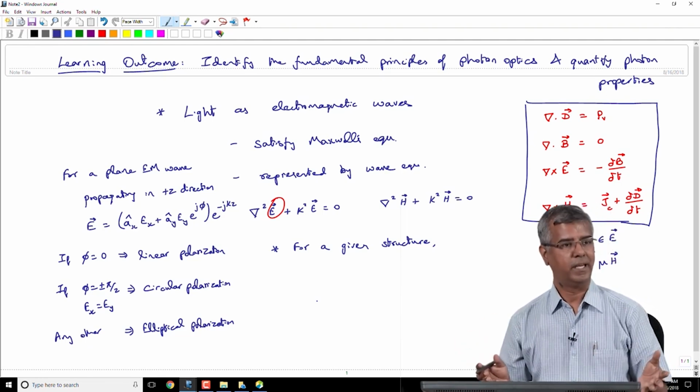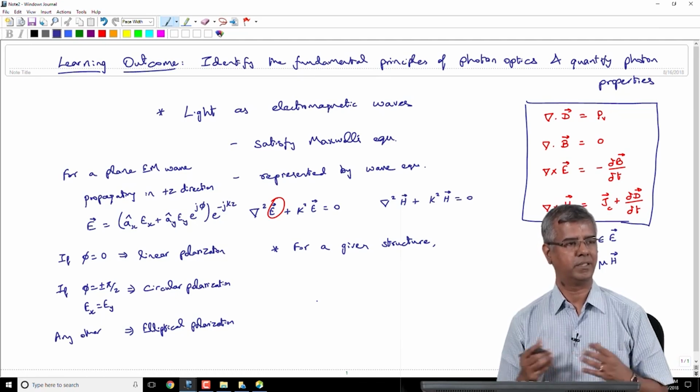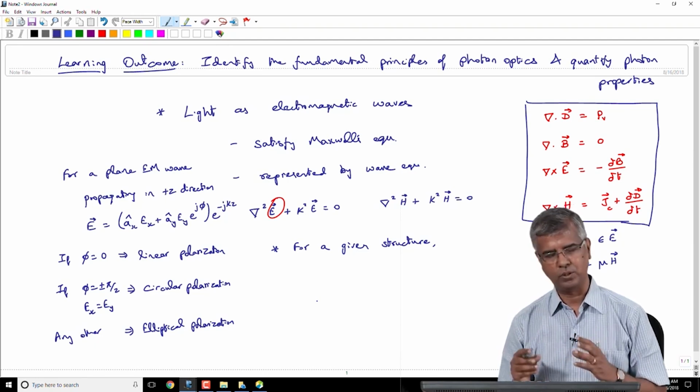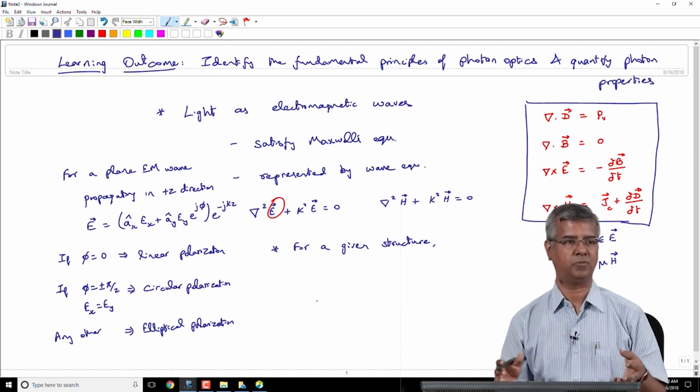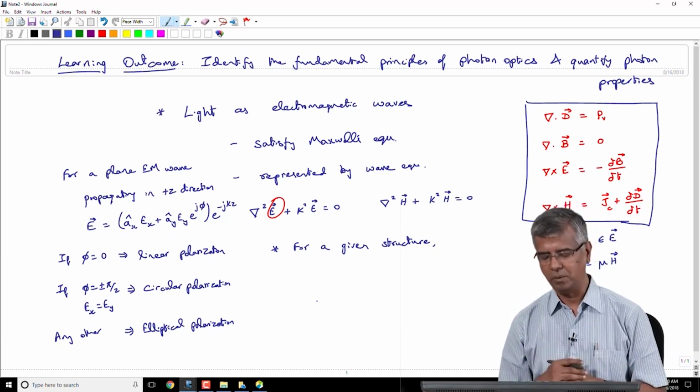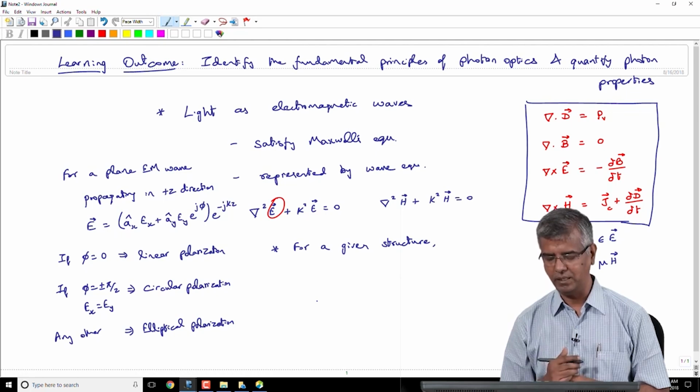So, everything as far as electromagnetic waves are concerned has to satisfy Maxwell's equations, and for a given structure it has to satisfy Maxwell's equations as well, and that is what is being represented by this wave equation.